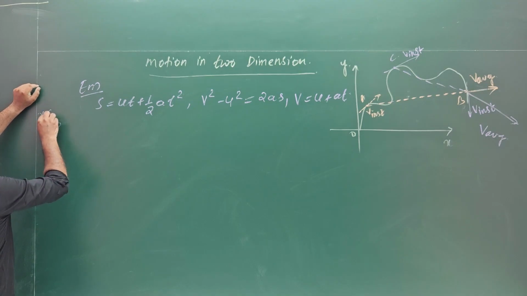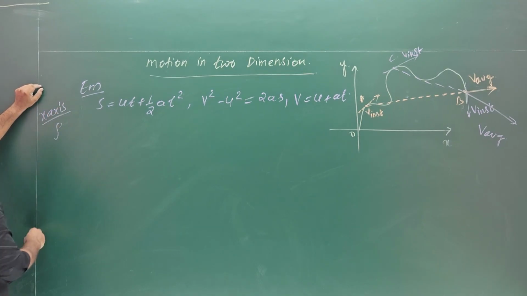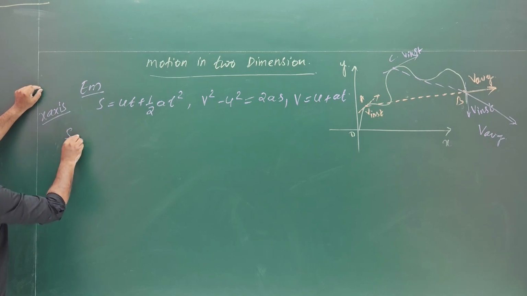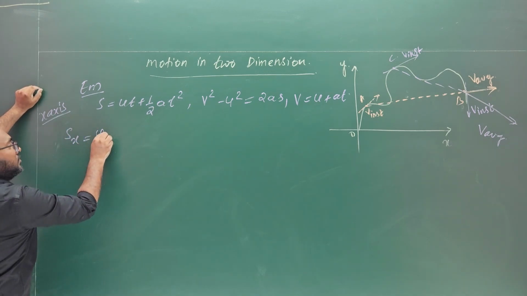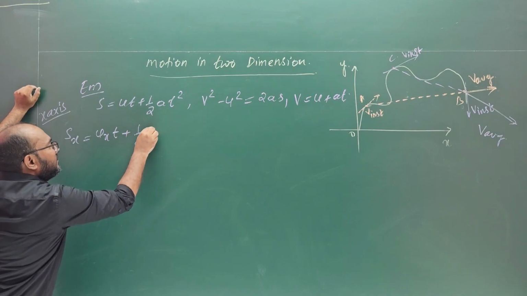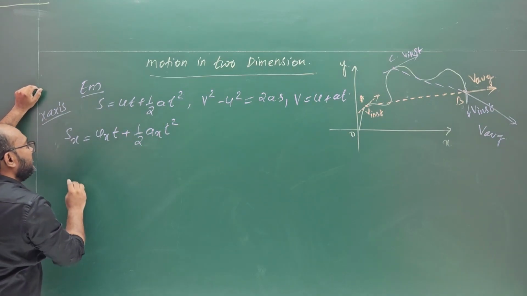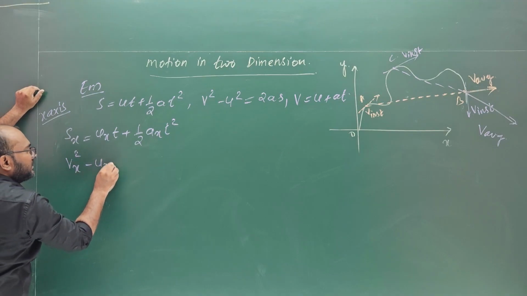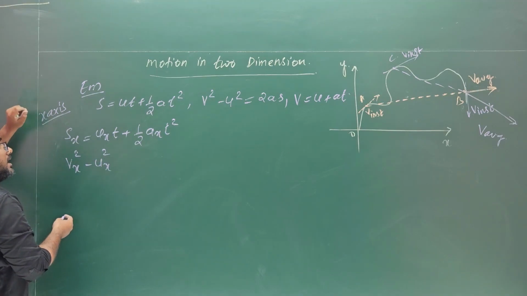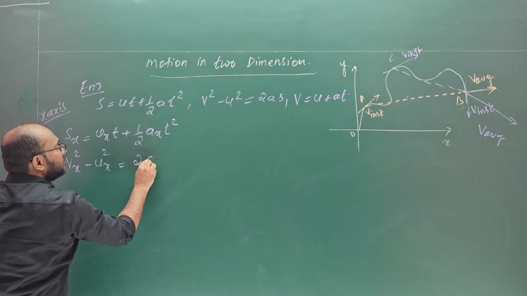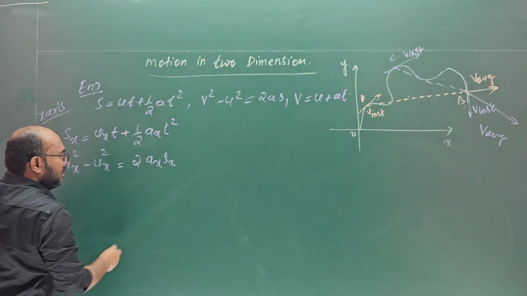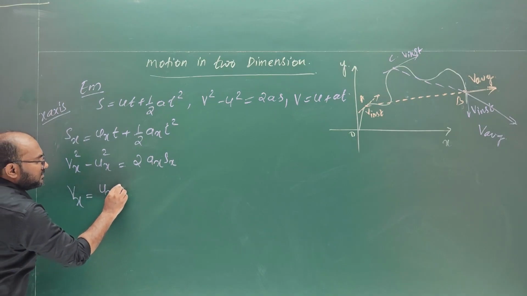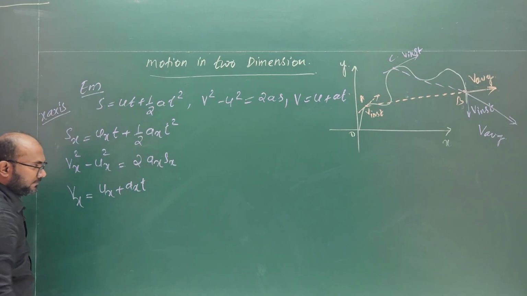In the x-axis, sx = uxt + (1/2)axt². Similarly, vx² − ux² = 2axsx. Or the third equation, vx = ux + axt.